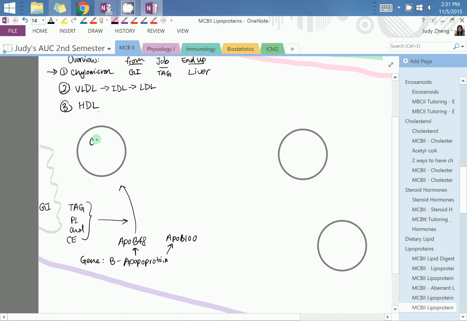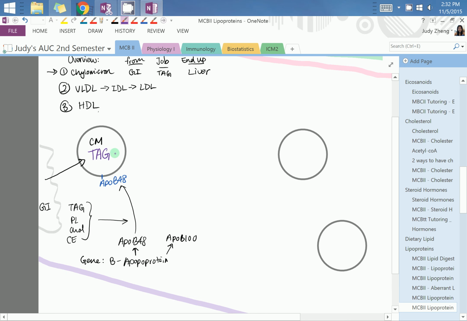So this is a chylomicron, and it has one copy of ApoB48, which is made in the GI. So this whole thing came from the GI. And the main constituent of this chylomicron is the triglycerides, or the triacylglycerides.